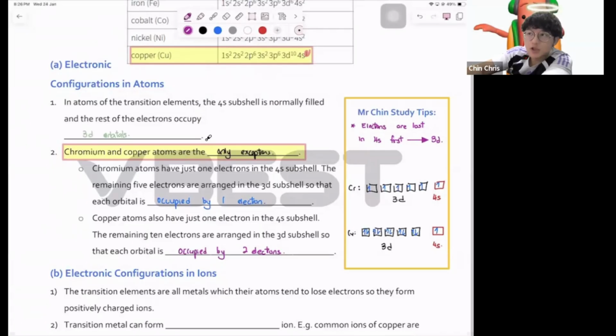When you lose electrons, also 4s before 3d. Write it down and I'll move on.